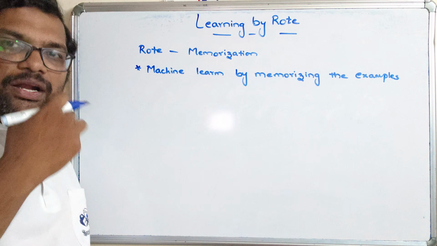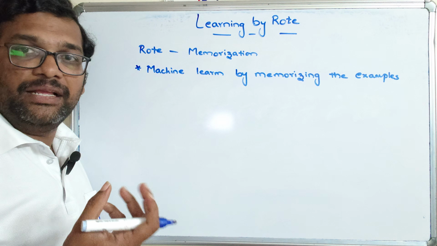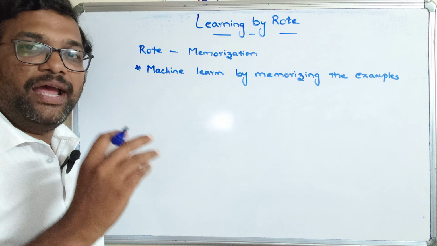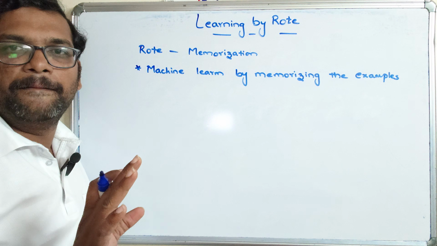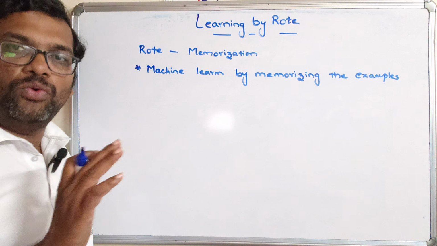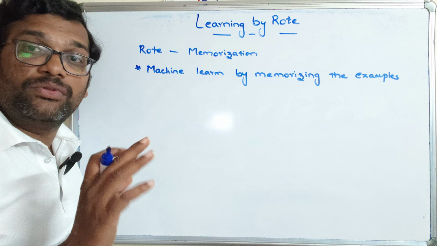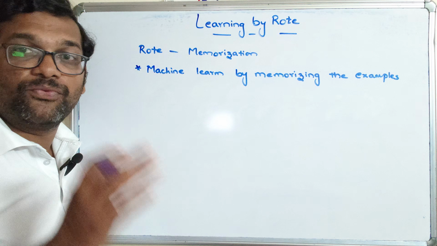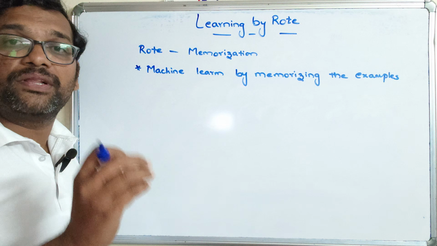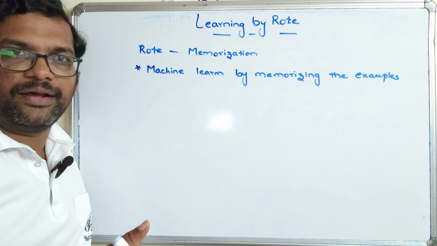Whatever training we give will be memorized, and it will give answers for those particular inputs only. It can't give answers for new inputs, that means unseen data. Only it will respond for the seen data, that means the trained data.